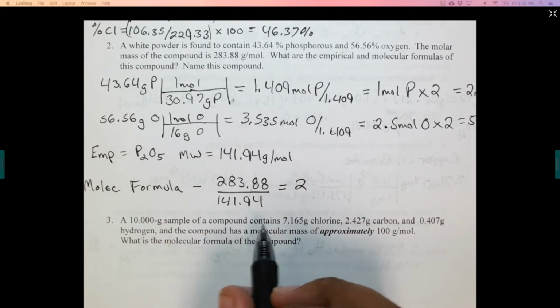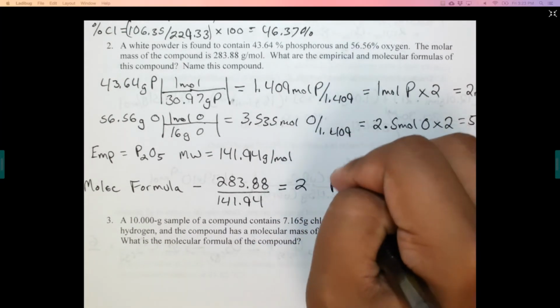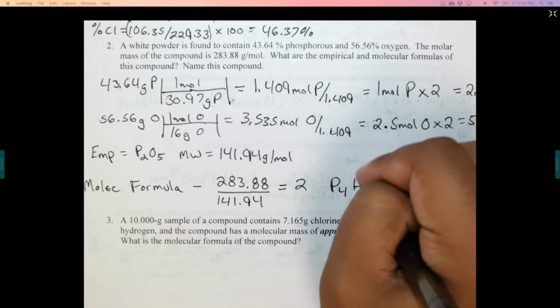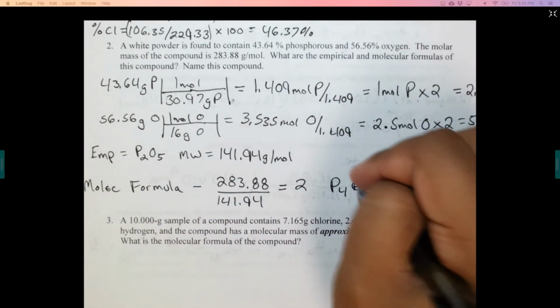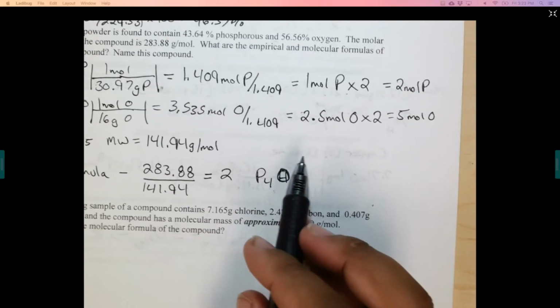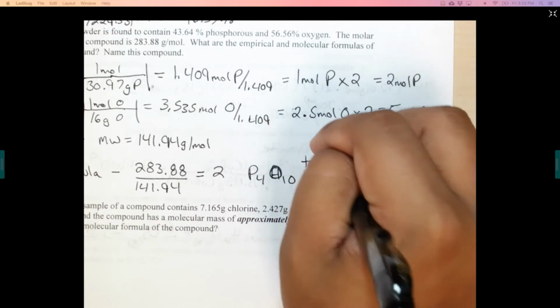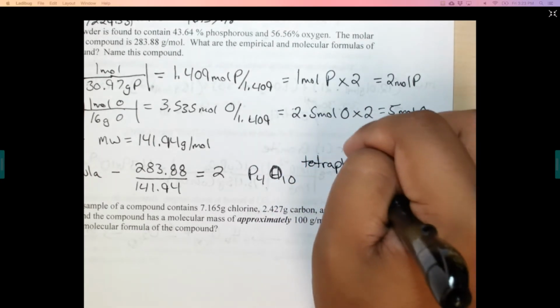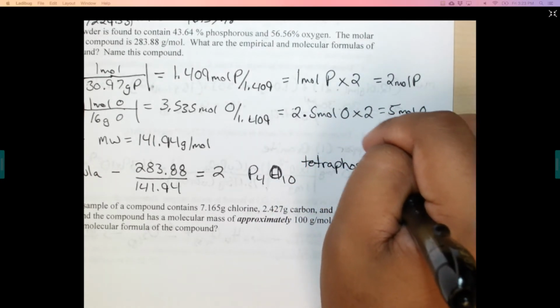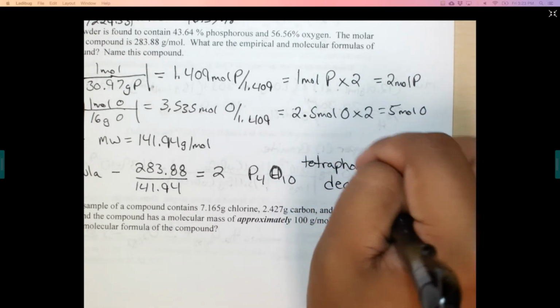So therefore, the molecular formula is P4O10, and the name of this would be tetraphosphorus decoxide, right?